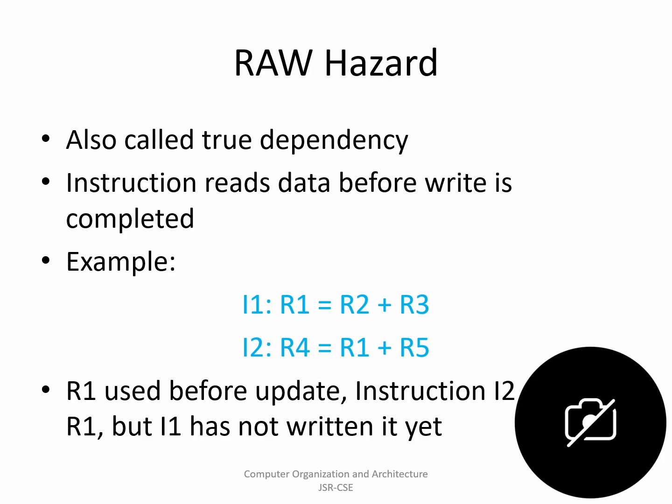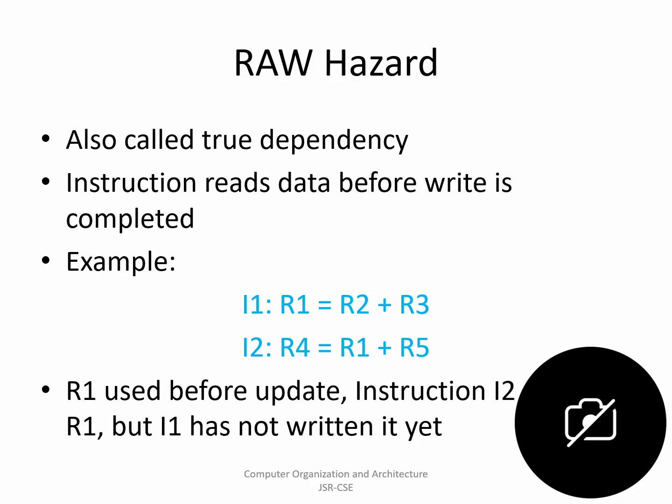An instruction reads the data before the write of another instruction is completed. That is, we are reading a particular data that will be written by another instruction. Consider instruction 1 having the result in R1, but instruction 2 reads R1.